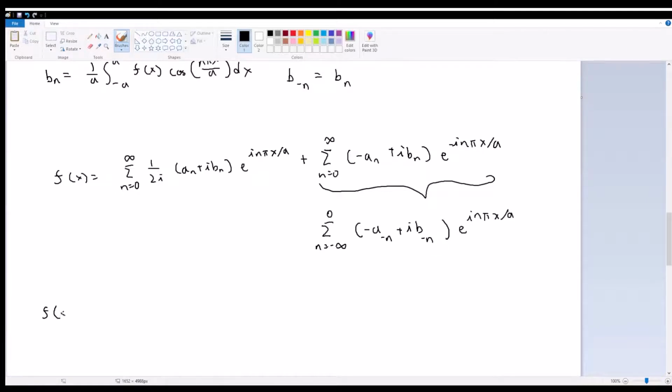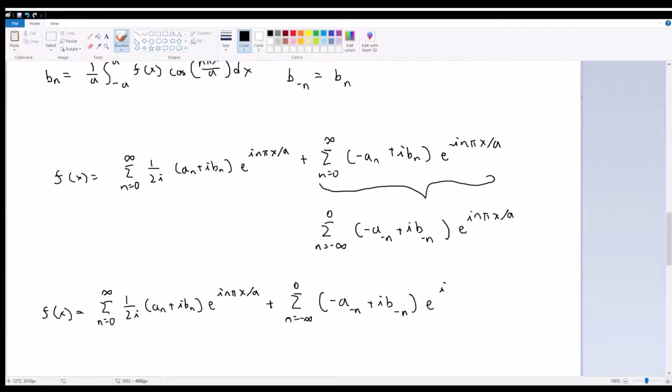So realistically, we can write f of x equals a summation from n equals 0 to infinity of 1 over 2i times an plus ibn times e to the i n pi x over a, plus a summation from negative infinity to 0 of negative a of negative n plus i b of negative n times e to the i n pi x over a.